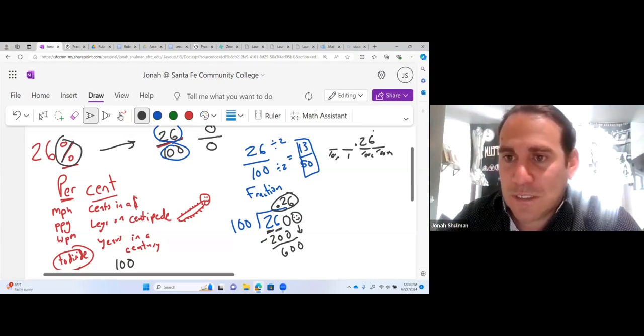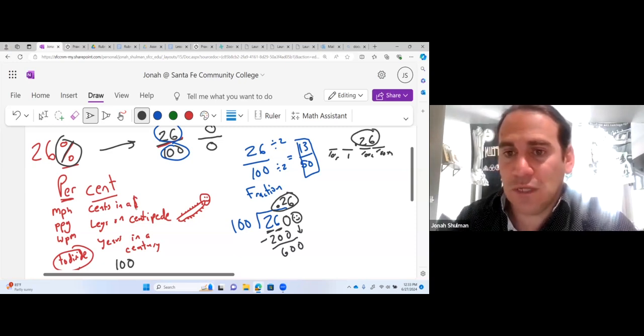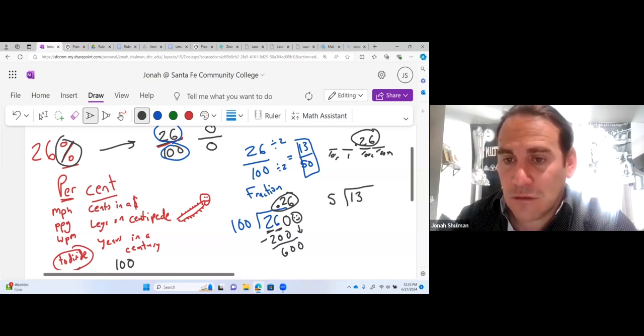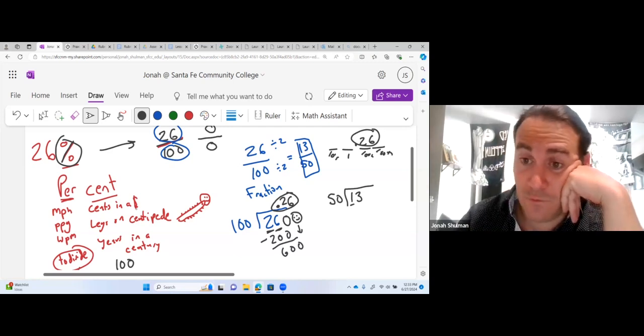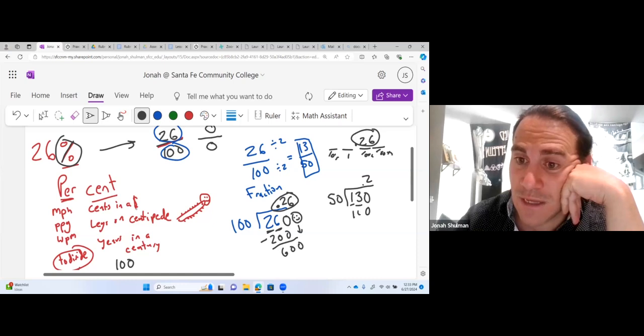So basically, this 0.26 is the same thing as 26% or 26 over 100. Now, 13 over 50 should be the same thing. So let's actually see that. Can I put a 50 into a 1? No, doesn't fit. A 15 and a 13 doesn't fit, so I have a decimal here. Well, 50 goes into 130 two times. 2 times 0 is 0. 2 times 5 is 10.